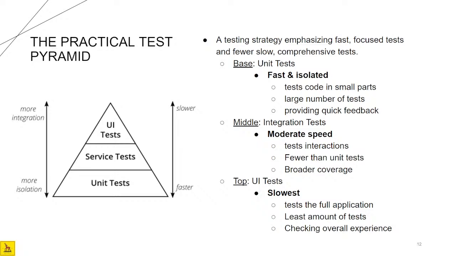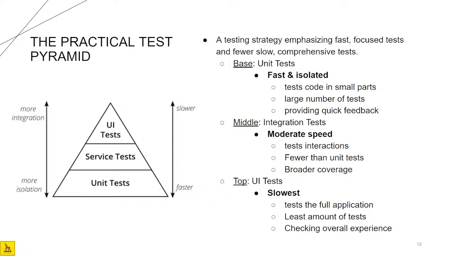In the middle, we have integration tests, which are more moderate in speed. They test the interactions between software components. There are fewer of them than unit tests, and there is broader coverage of our testing service.